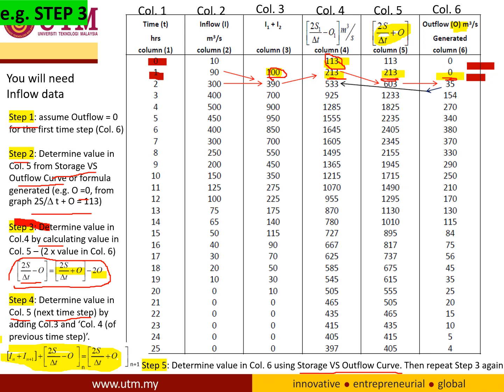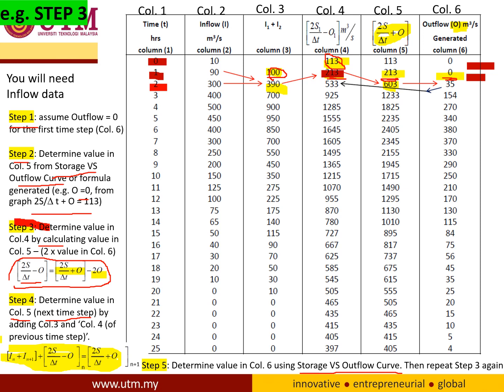Okay, and then you repeat your steps from step 3. You repeat step 4 again, determine the value in column 5 at the next step, because you already got all the values for the second time step. Now you move on to getting the values for the next time step, where you start with column 5 again, adding column 3 plus column 4 from the previous time step.